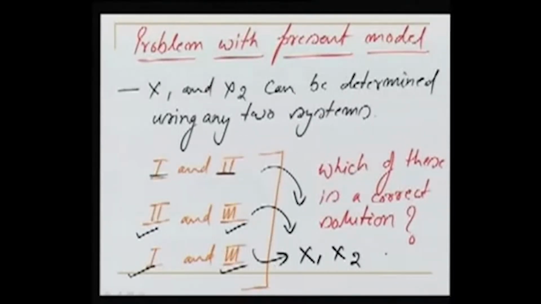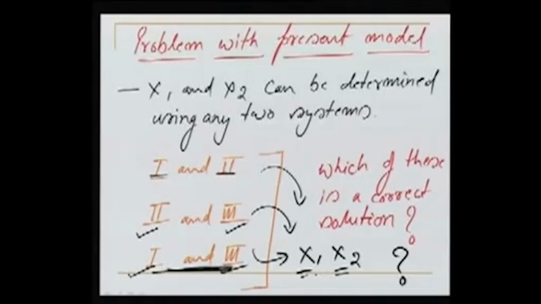Now, the problem is, which out of these three? Because this first set will give one value of x1 and x2. Similarly, the second set will give one value of x1 and x2, and the third one also will give one value of x1 and x2.